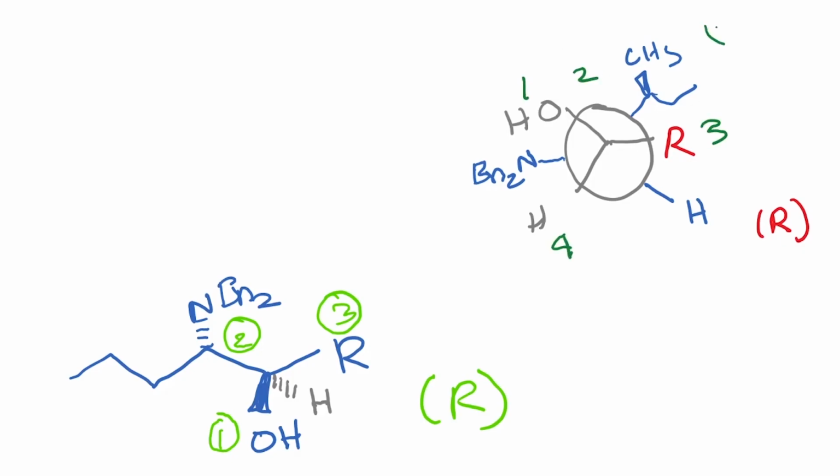If I look from here, the hydrogen is far away from me, and 1, 2, 3 is clockwise, so it would be R. Now if I redraw this, the structure that has been given to us, the stereochemistry assigned is also R, and therefore the model that we have proposed is actually working.